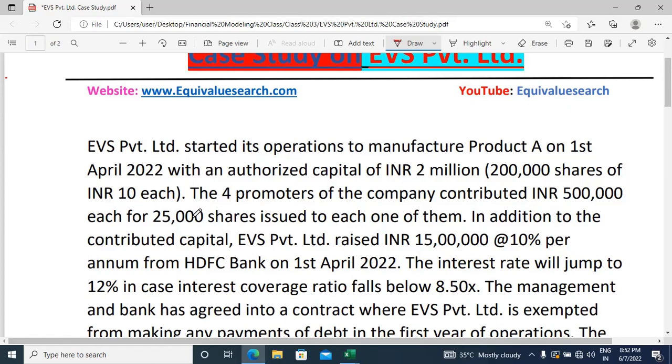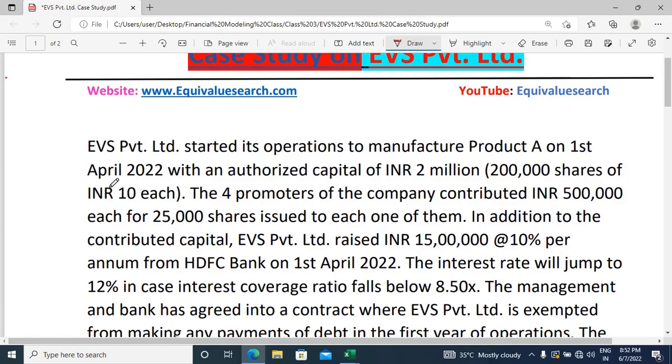Now wait, just do a little calculation. All these promoters are going to contribute 5 lakh rupees each, and the number of shares that they will be getting is going to be 25,000 shares. And here the face value of the shares is 10 rupees. So then why are these promoters contributing some extra money to the business?